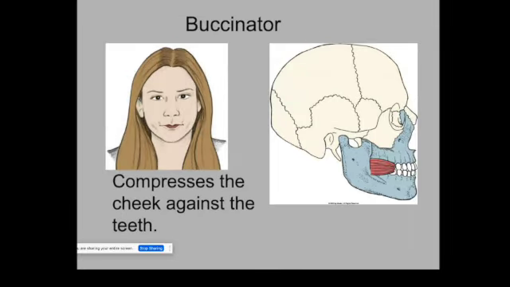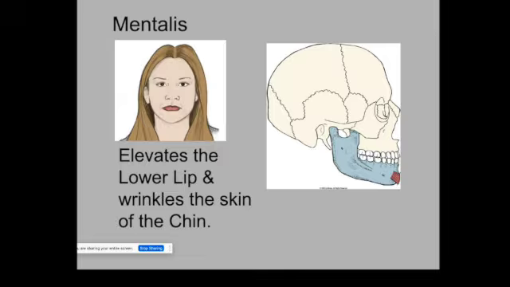Buccinator. And you see where it is on the cheek. Compresses the cheek against the teeth. And people who play instruments that need to blow, especially all wind instruments and brass instruments that we actually blow, have to use the buccinator. And then the mentalis, this is down in the lower lip, wrinkles the skin of the chin, the mentalis.